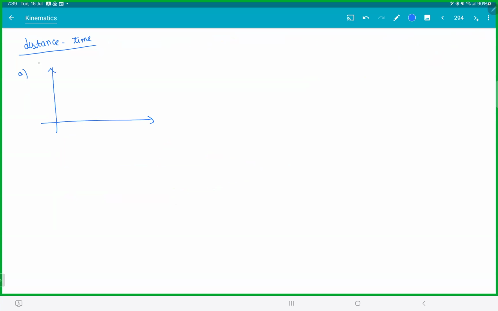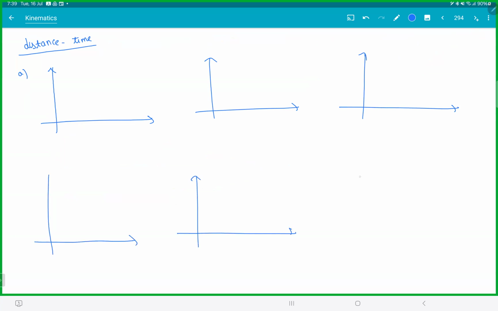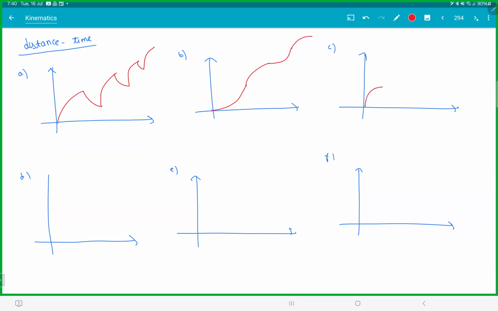Let me give some options again. Let's try. Which one is wrong?